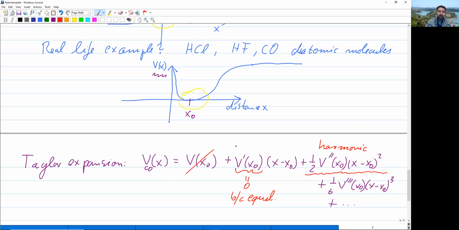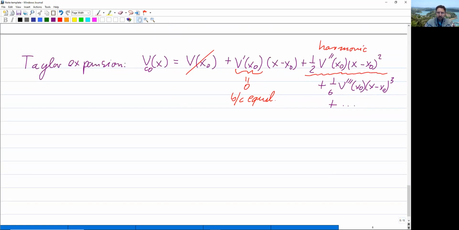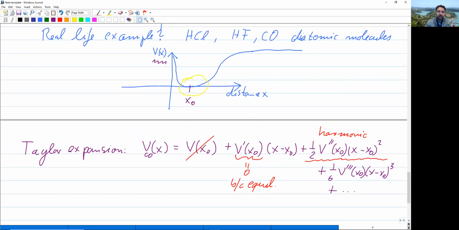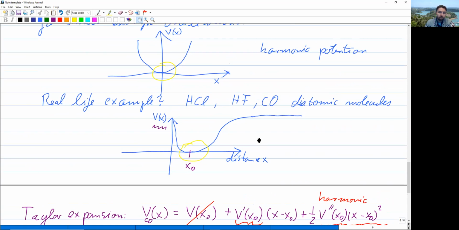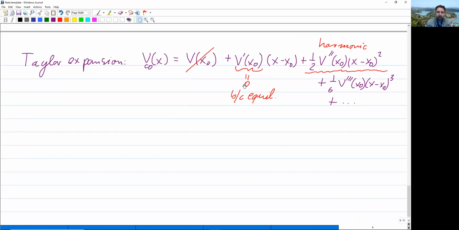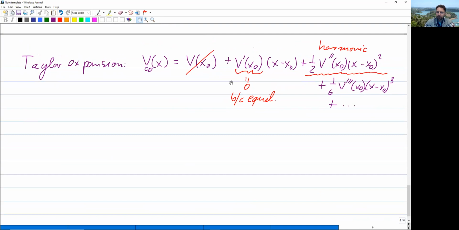So what we see here is that for small enough oscillations, if x minus x naught stays small enough, then every potential is harmonic around its minimum. That's why the harmonic oscillator occurs all over the place, and not just in quantum mechanics, but also in quantum field theory, and just all over.